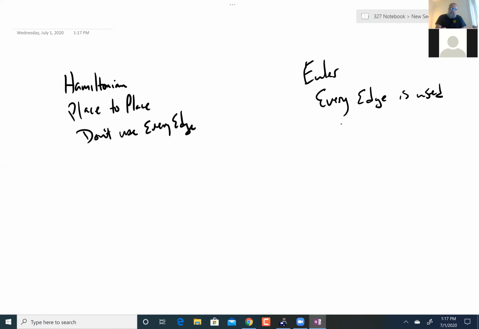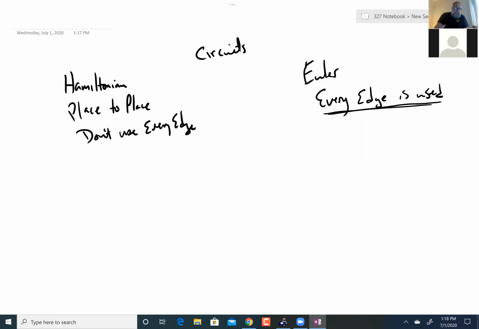And so think about this as being about the journey. Again, we talked, I think last week, about street sweepers, the people that have to go up and down every single street, the garbage man, things like that. Both fall under the heading of circuits, because you've got to get back to where you started from, back to the garbage place, back to wherever your street sweeper lives.